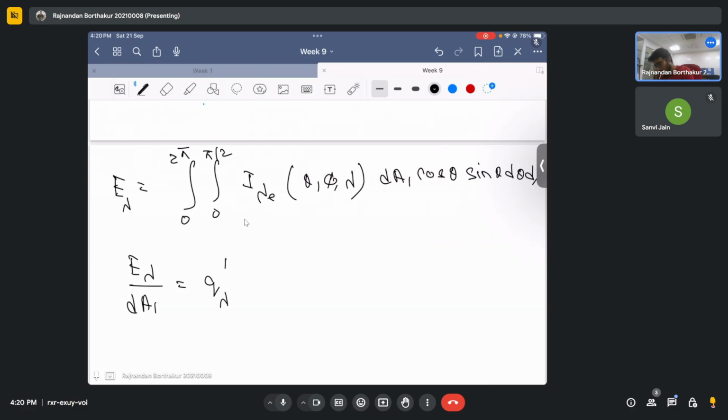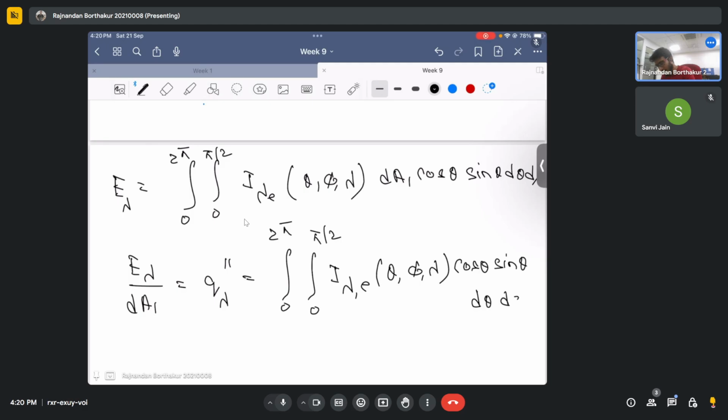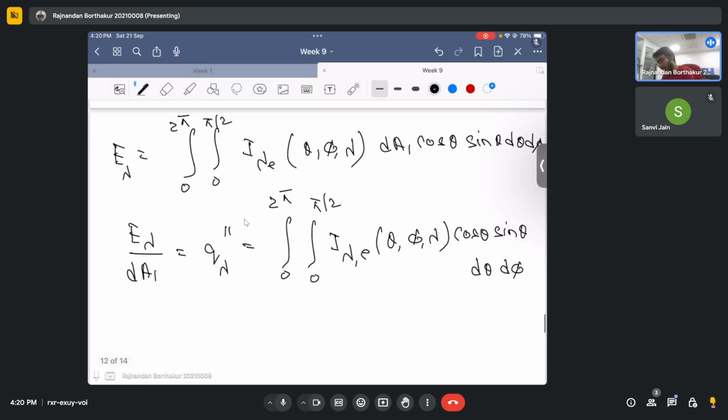It is equal to the integral from 0 to 2 pi, integral from 0 to pi by 2, of the intensity of radiation I lambda E, which is also a function of theta, phi, and lambda, times cos theta sine theta d theta d phi. This is your expression for the hemispherical emissive flux.